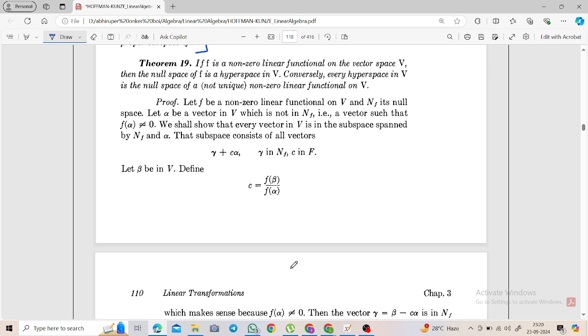In both cases, they are using a very simple fact that the image of the linear functional is the whole field F. So the image is generated by a non-zero vector. Suppose f(alpha) is non-zero, then every vector which is linearly independent of alpha can be considered in the basis.